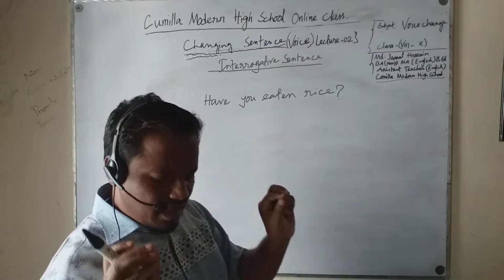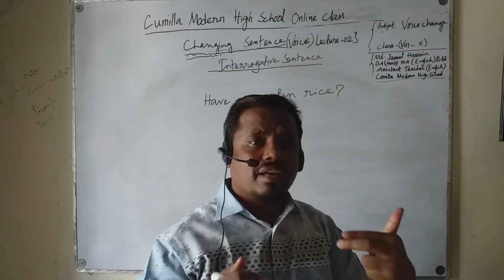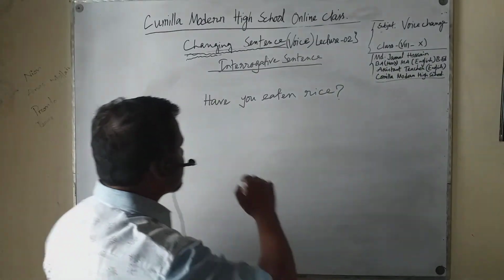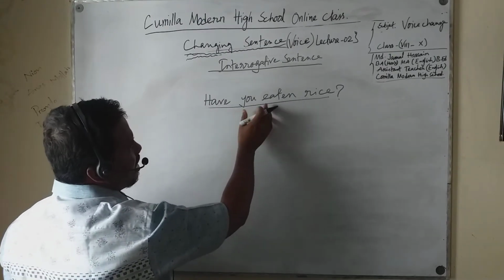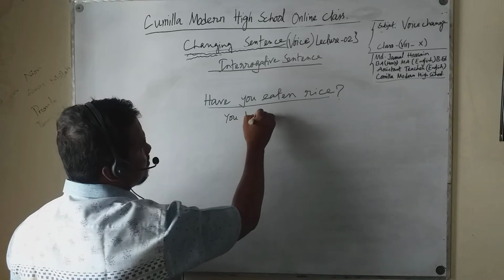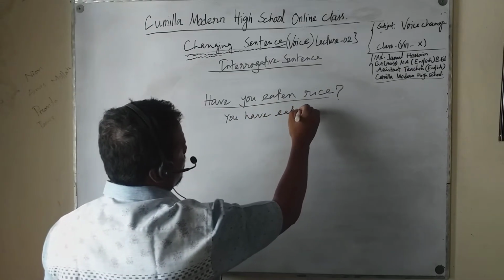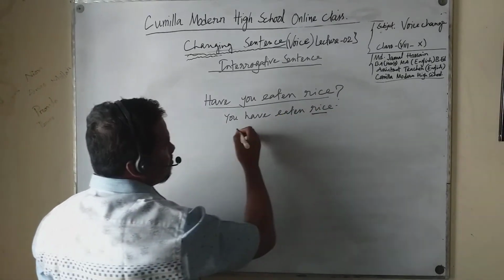Now I am describing the details of it. At first, you can convert this sentence into assertive. You have eaten rice. Now it is an assertive sentence. Now rice is the object here.